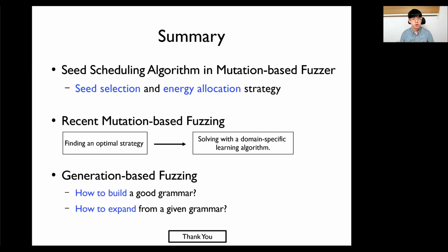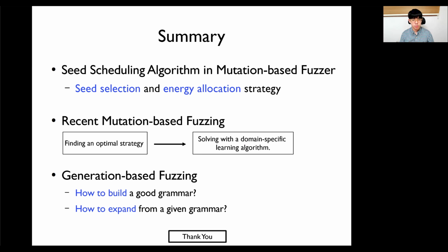And second, recent works on mutation-based fuzzing aim to solve the problems by presenting a domain-specific learning algorithm for each fuzzing task, such as finding an optimal seed mutation strategy, seed selection strategy, or energy allocation strategy.